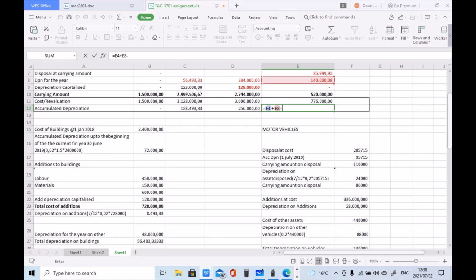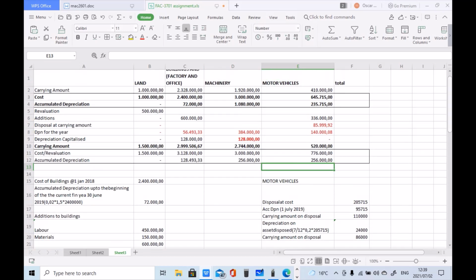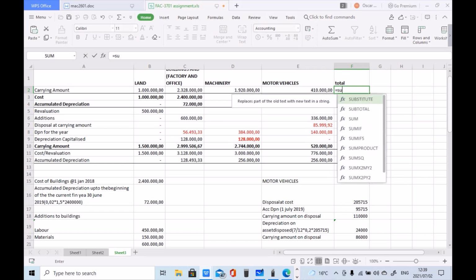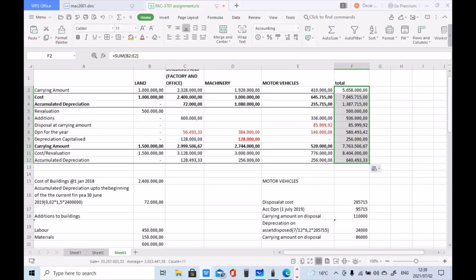So accumulated depreciation on asset disposed, and then minus depreciation for the year on asset sold. Alright, so that's how you work this question out, and then you can just do the totals there. So the totals are the sum of that, and then you scroll that down up to the end. So these are your figures, these are your totals. It's up to you whether you want to remove the zeros.